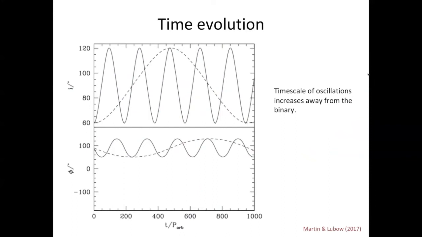The inclination shown in the upper panel oscillates about 90 degrees, while the phase angle librates. This just means it varies over a small range of values. The solid and the dashed lines show particles at different orbital radii. Now the dashed line is for a particle that's farther away from the binary than the solid line, and so the dashed line is undergoing the same oscillations but on a longer time scale.